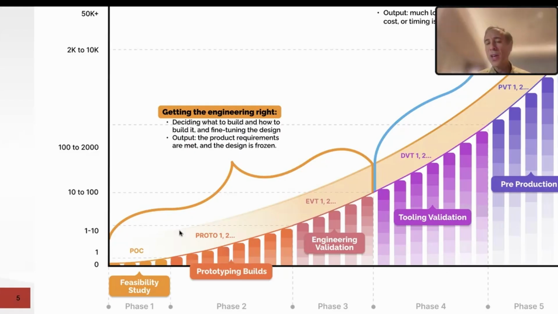The design architecture is going to be extremely important before going into the next phase, the prototyping builds. If you pick, for example, the wrong chip, then maybe you will spend 3 months spinning your wheels and going nowhere. So the design architecture, which covers the key components, the key technologies, and the key materials, is very, very important.